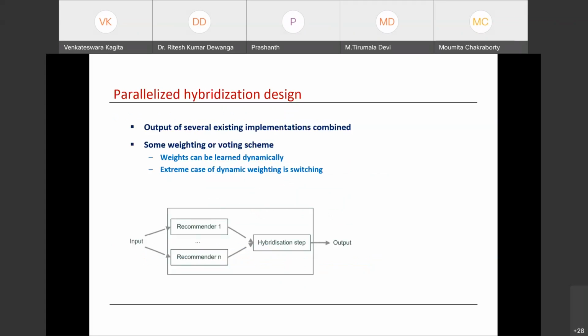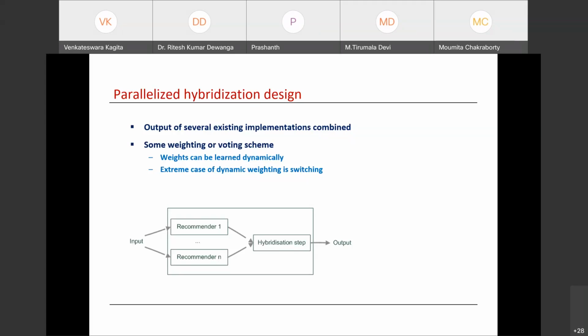The next one is the parallelized hybridization design. Here, the outputs of several existing implementations are combined. We give the input to the different recommender systems, and we have an explicit hybridization step which combines the output from the multiple recommender systems.